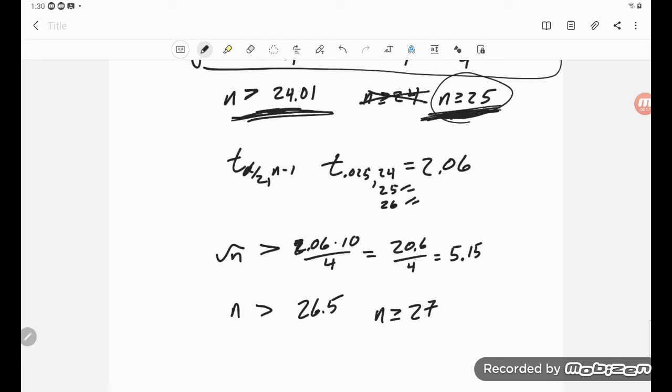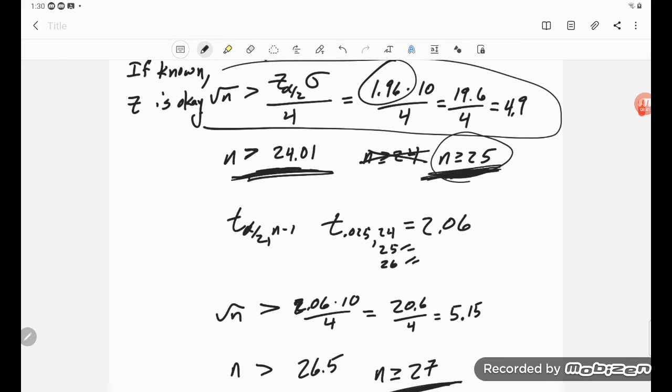Okay, so yeah, if you use the 2.06, 2.05 would give you something basically the same and give you 27. So, I'd feel pretty comfortable with 27 there. Okay, so 25, I took actually 24.